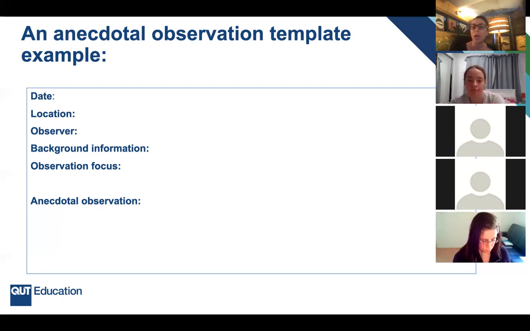I would try and use a variety of templates to see what you think is best, and you can even adapt them as well. There will be certain things that you need to have in them, so links to the standards, links to curriculum, differentiation for individual students, all that sort of thing. But it's up to you to develop them according to the particular context as well. So sometimes it's in your best interest to do what your supervising teacher is doing.